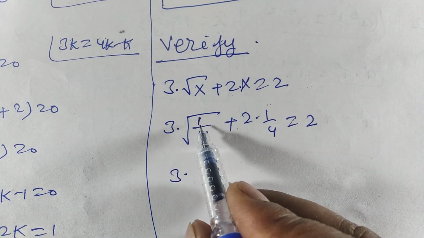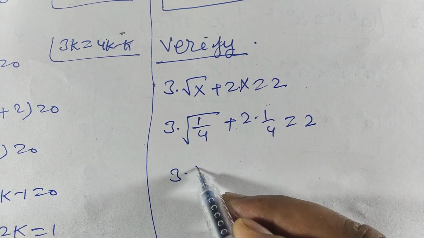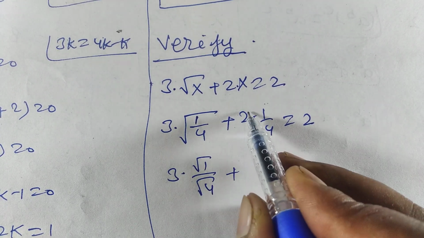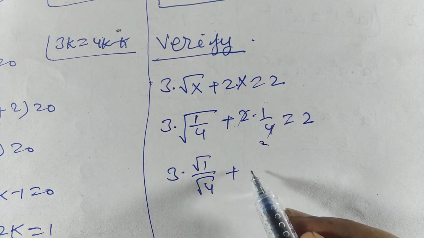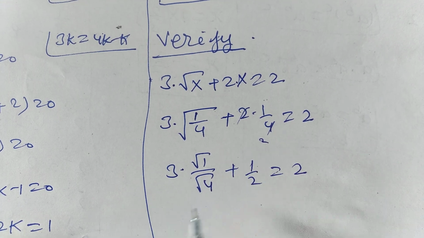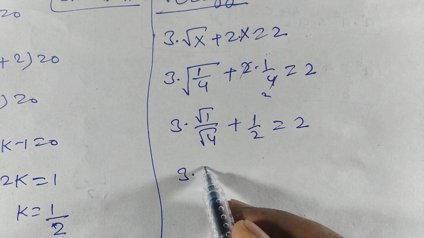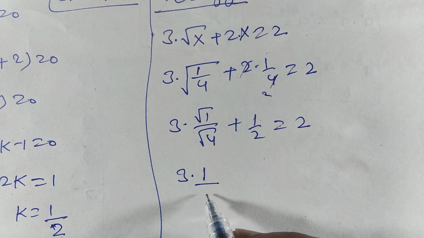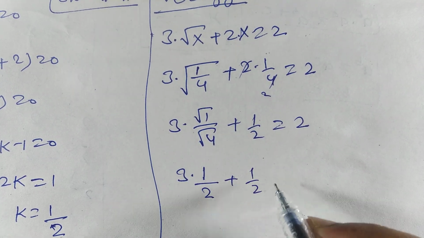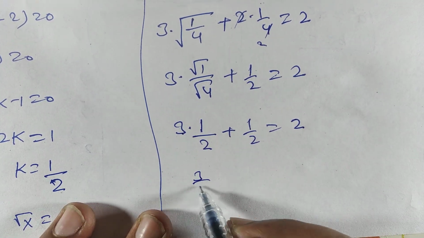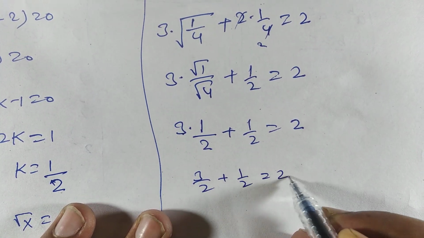3 times of this can be written as the square root of 1 over the square root of 4, plus 2 times 1 over 4, which is 1 over 2, is equal to 2. 3 times the square root of 1 is 1 and the square root of 4 is 2, plus 1 by 2 is equal to 2. Multiplying 3 into 1, 3 by 2 plus 1 by 2 is equal to 2.